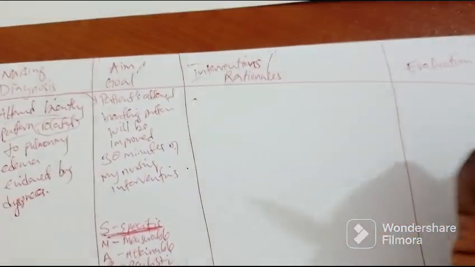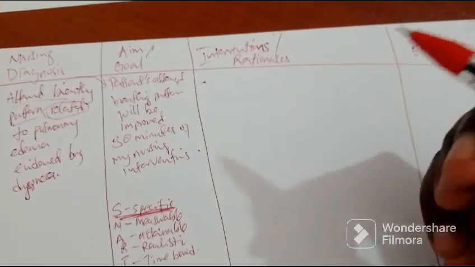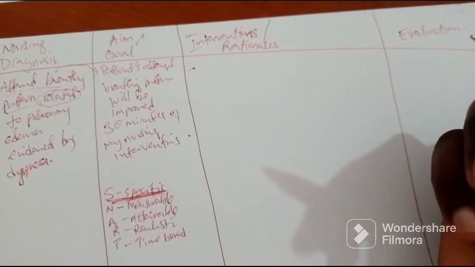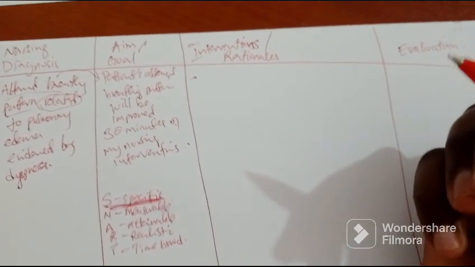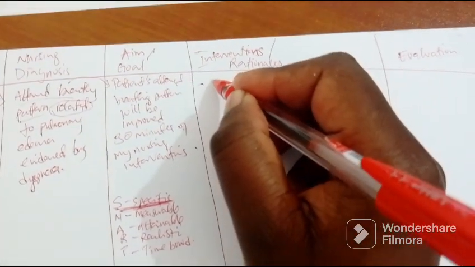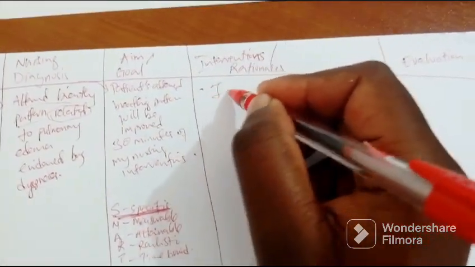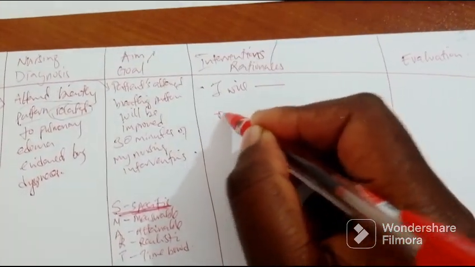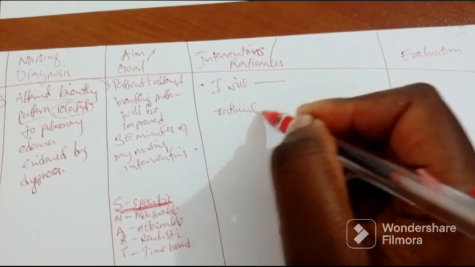Okay, so now what are you going to do? Here the English that you're going to use is I will. Don't write it in second person perspective. You need to write it in first person perspective. That is you doing the interventions, not anyone else. So I will. So what are you going to do? And then you give a rationale.